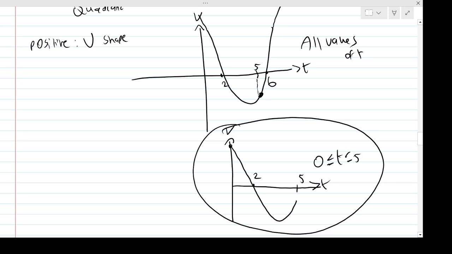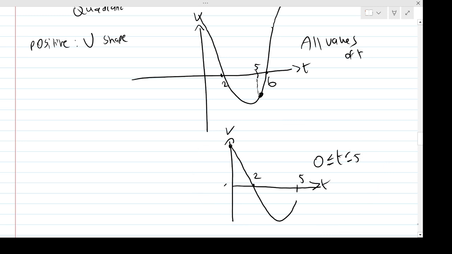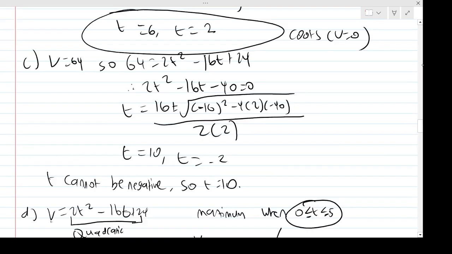Okay, so hopefully you can spot then the maximum is just going to be the initial value when t is 0, right? It's going to be here. So the maximum, hopefully you can see from the graph, occurs when t is 0. So when t is 0, that means then v is going to be, I think we did that in part A, didn't we?